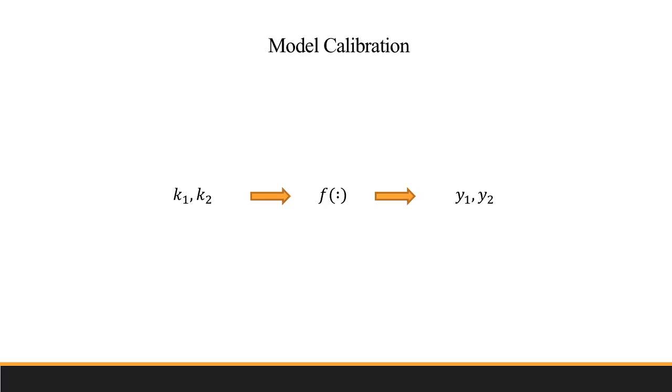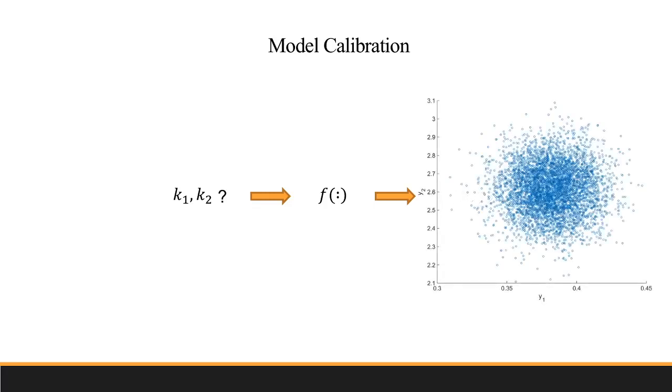The problem that we have is that we don't know the variables k1 and k2, and we'd like to somehow find them. But what we're presented with is a bunch of data of f's output, and we'd like to somehow use this data to construct a probability distribution of k1 and k2.